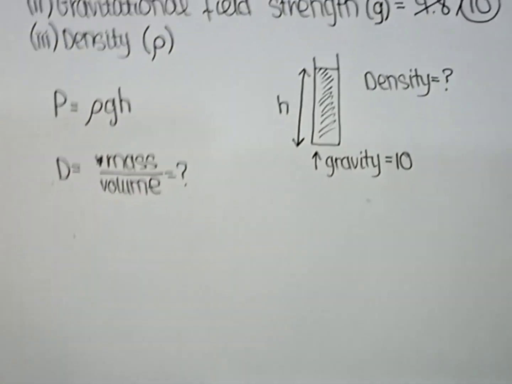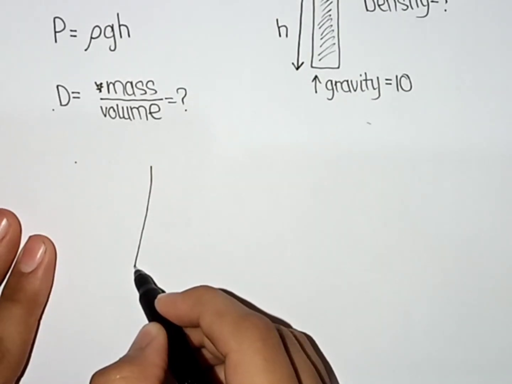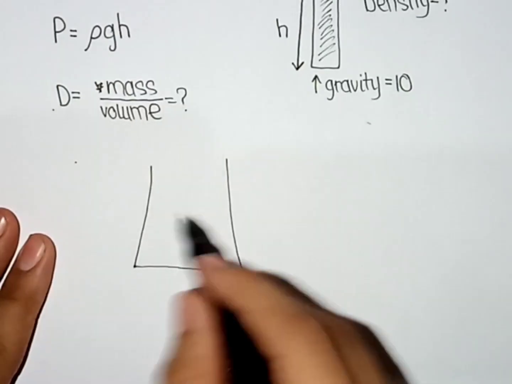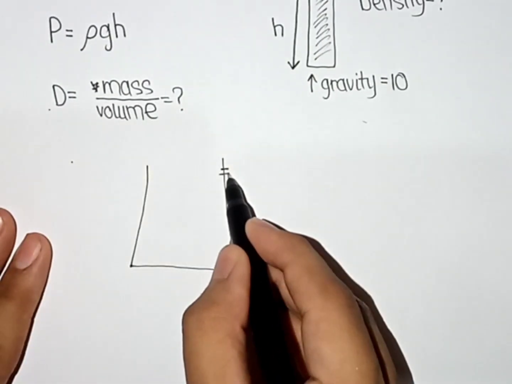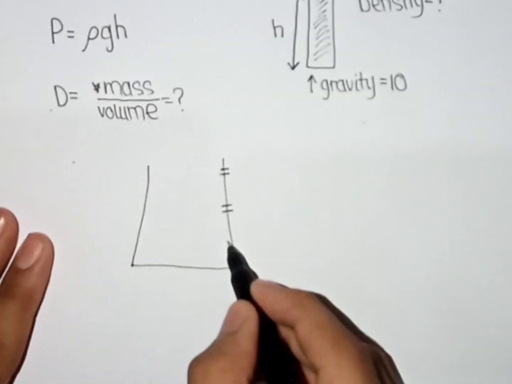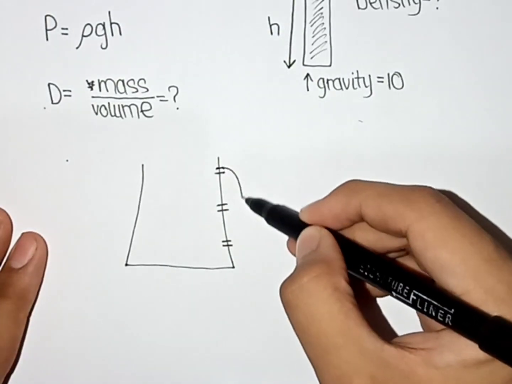One more thing you need to understand to clarify your concept is, for example, I have this type of container, whatever you want to call it, with water passing out from three sides.